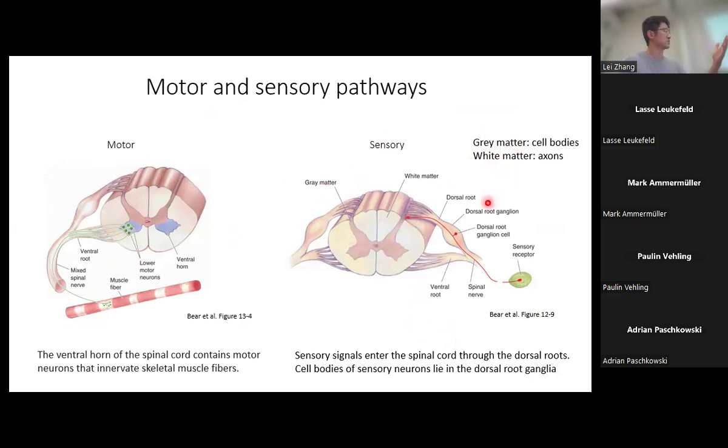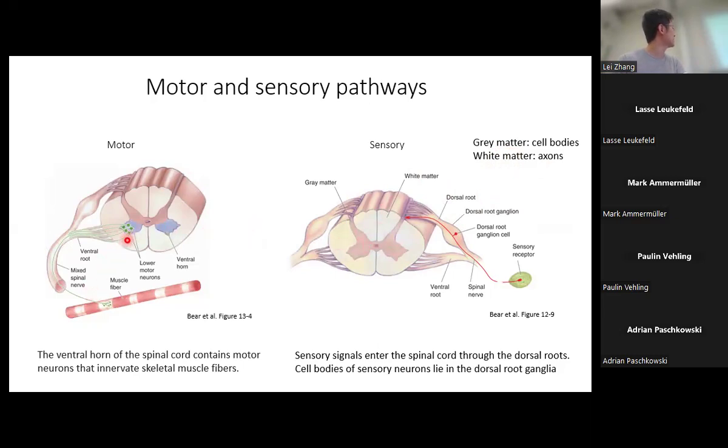Gray matter looks gray in the image, and it is mainly the cell bodies of the neurons. In white matter, it's basically the axons. This butterfly shape is just an illustration; you can roughly divide the spinal cord neurons into these distinct sections.